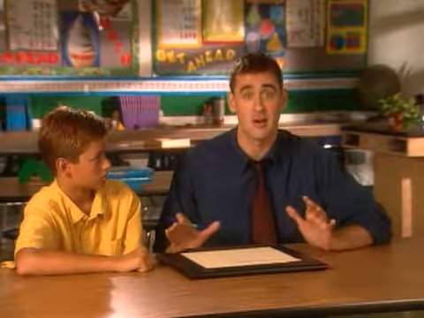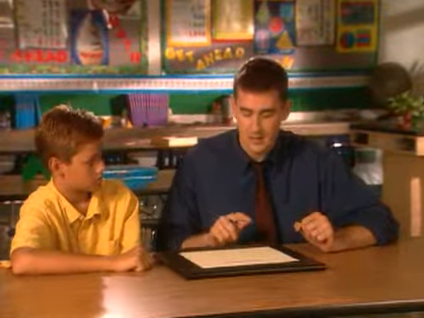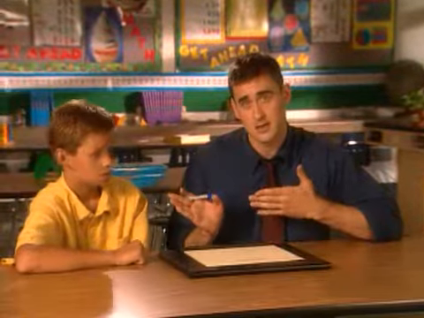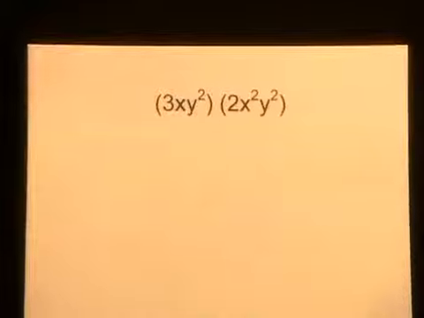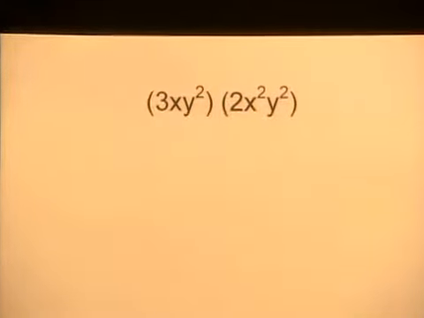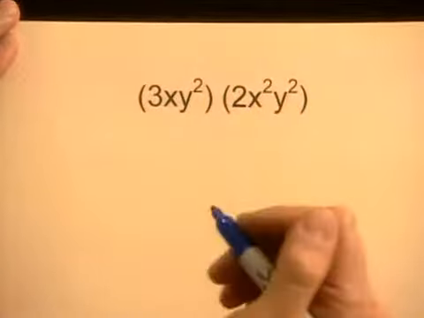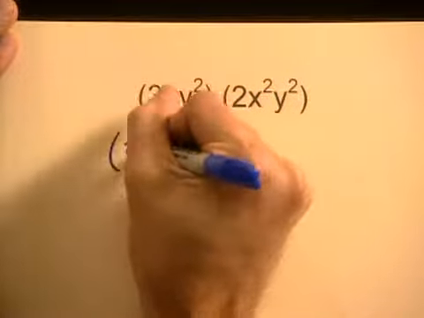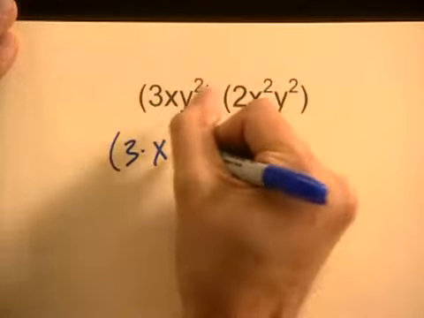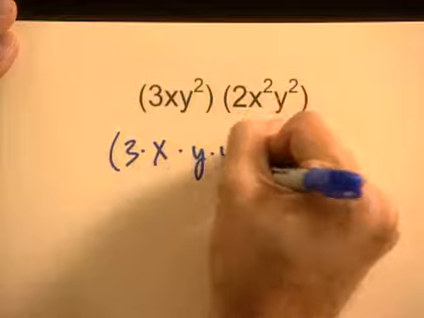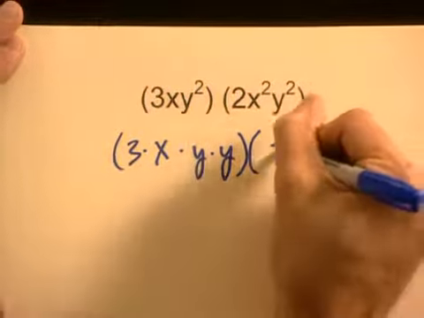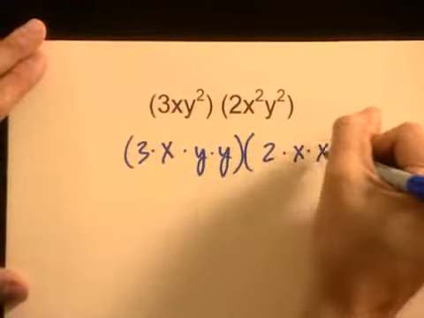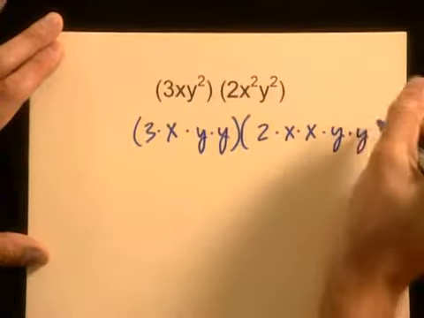But let's take a look at our first problem. Nicholas, this is a monomial times another monomial, okay? The way we're going to do this, we're going to expand each monomial out. This 3xy squared is 3 times x times y, and this monomial is 2 times x times y times y.